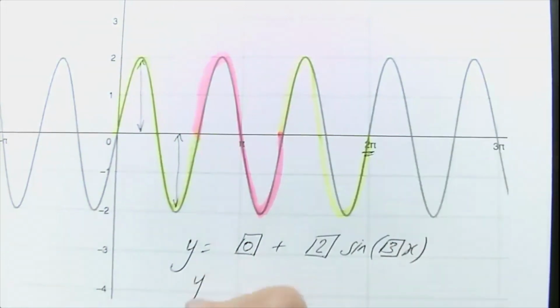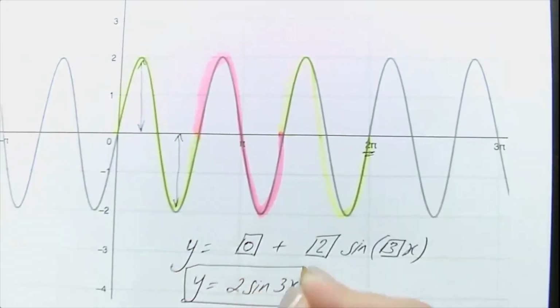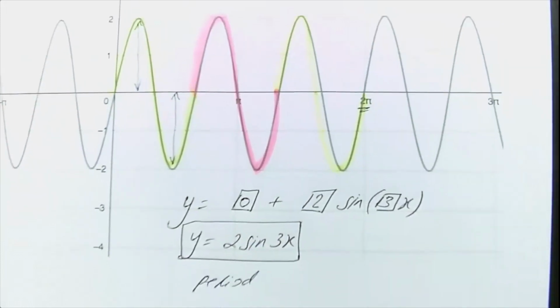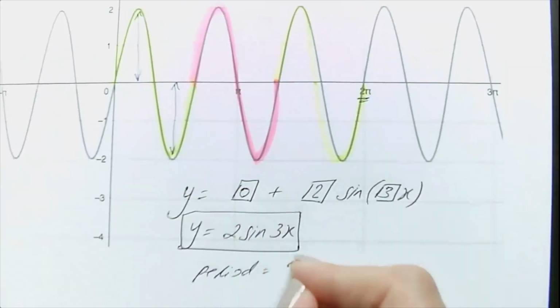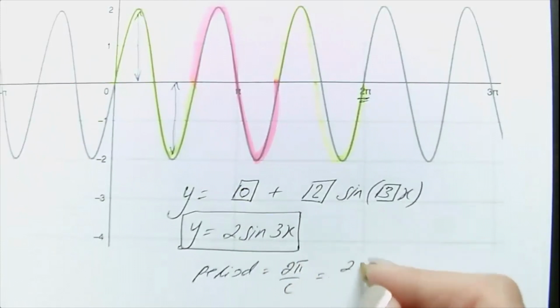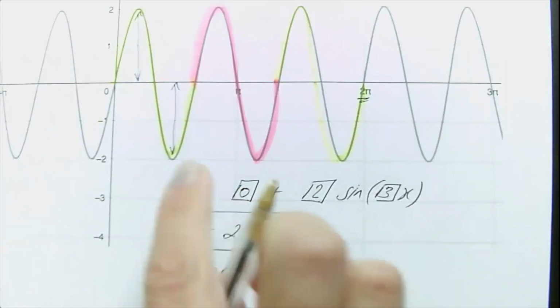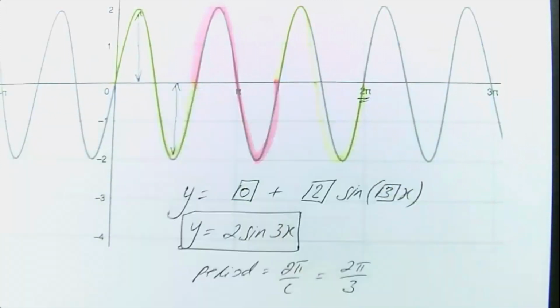So this function is y equals 2 sine 3x. And if I want to know what that period was, I would just do the equation 2 pi divided by c. The period, therefore, is 2 pi divided by 3. 2 pi over 3 is the period of that graph.